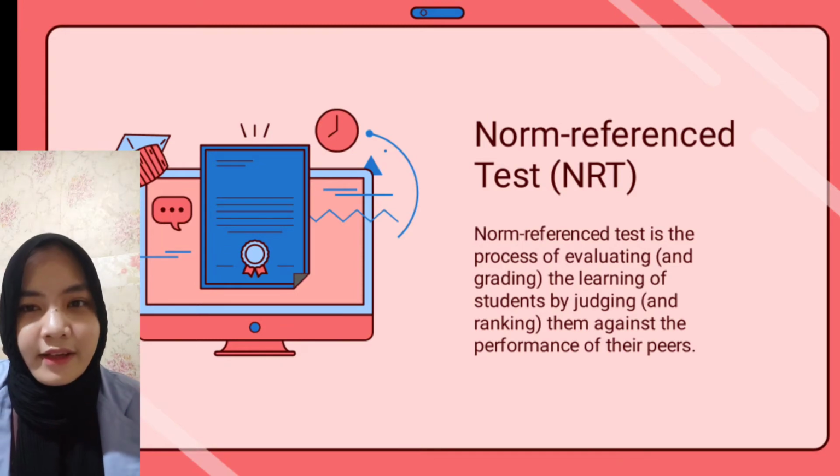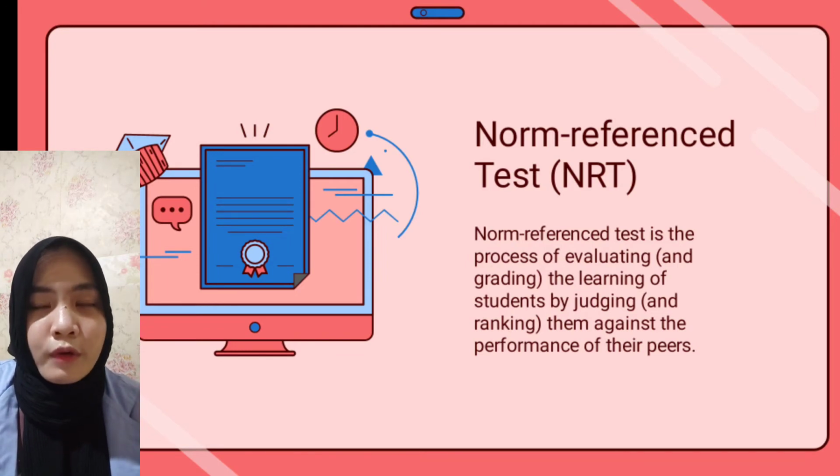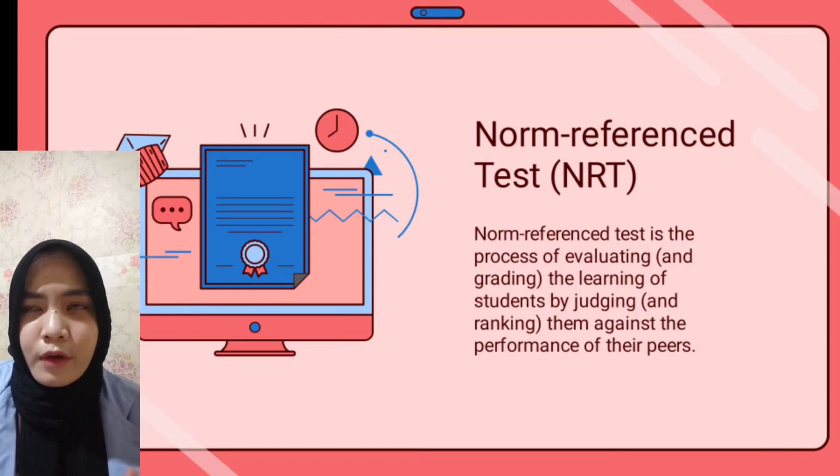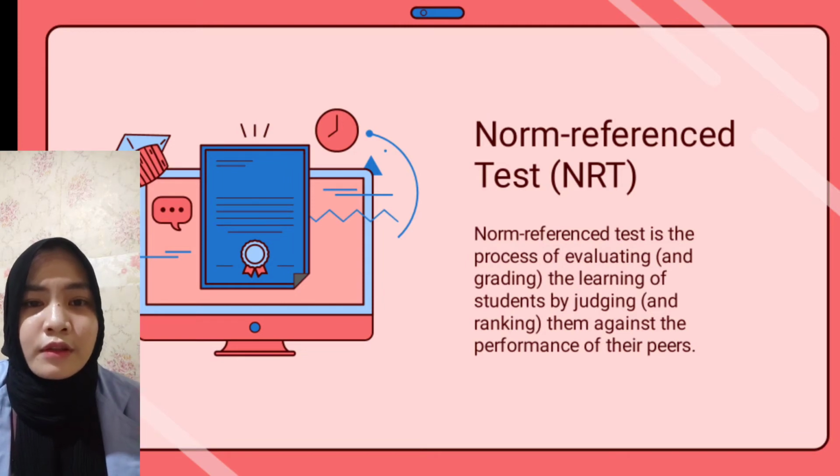pre-specified criteria. NRT is a task that measures how the performance of a particular test taker or group of test takers compares with the performance of another test taker or group of test takers whose scores are given as the norm.